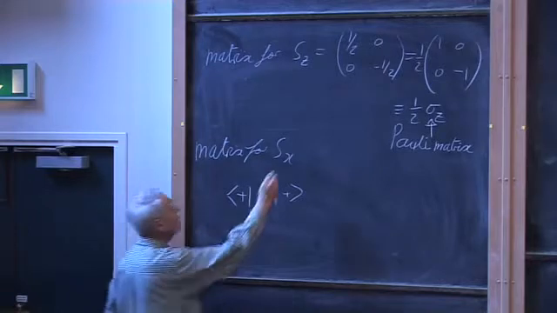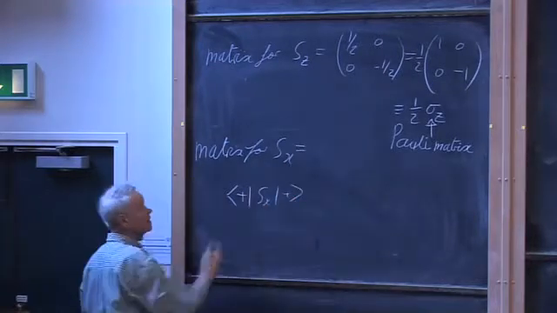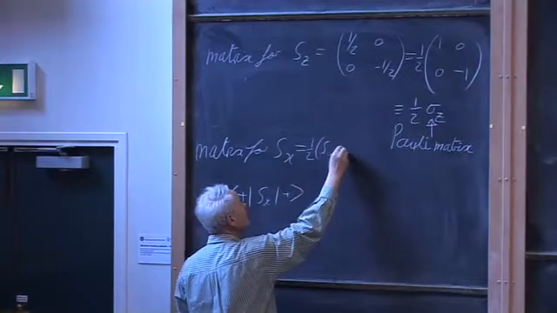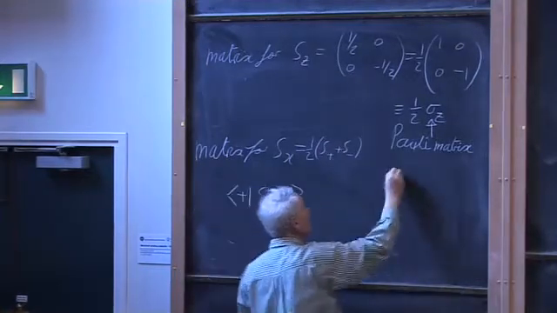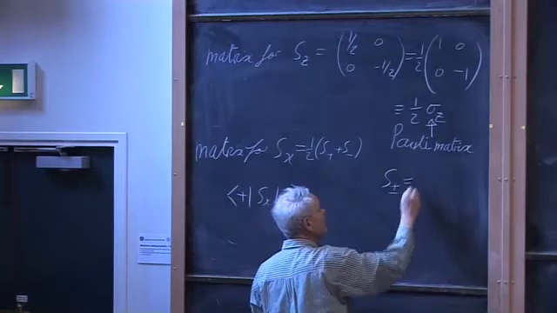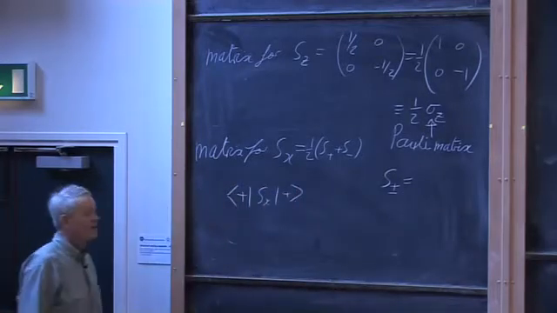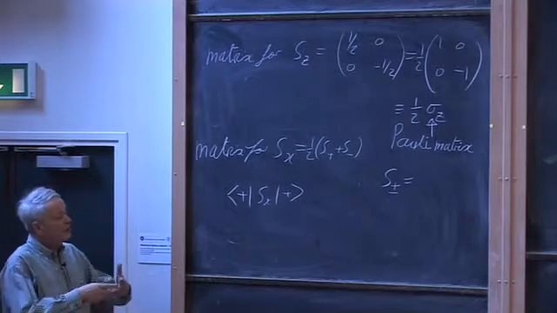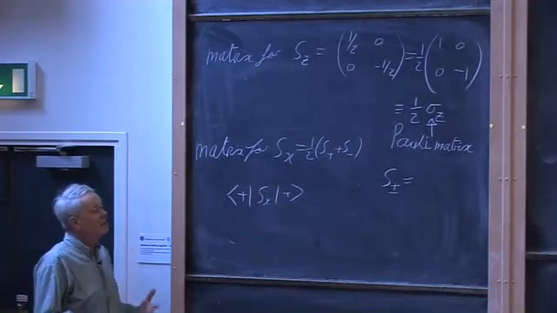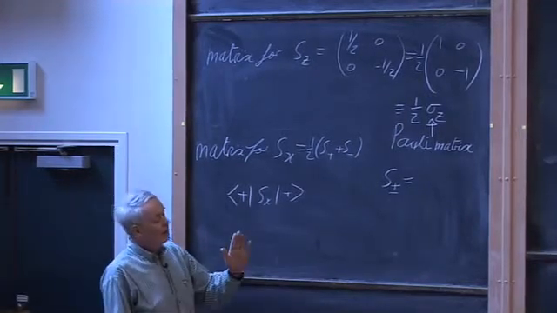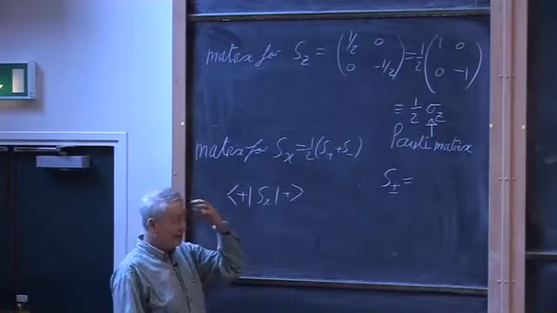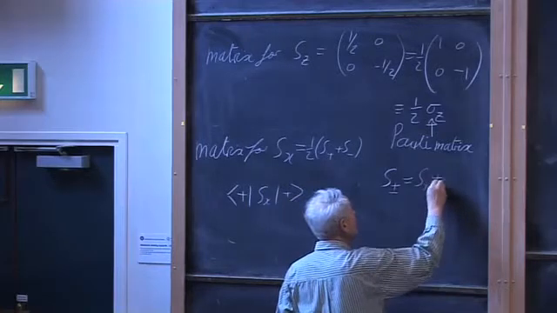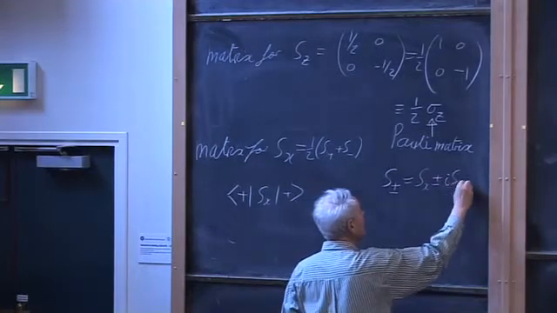The secret of calculating this is to write Sx as a half of S plus and S minus, where S plus and minus are the operators that we already introduced in the context of J and L to reorient the angular momentum either towards the z-axis or away from the z-axis. So these are Sx plus and minus i times Sy, right?